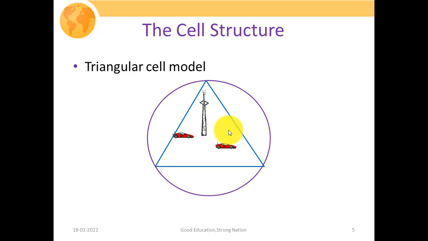This is all about our frequency planning, so that we can minimize the cost also. Here, if we compare with the omnidirectional antenna's circular cell structure, we have to install a larger number of base stations, as the coverage of this triangular cell structure is much lower in comparison to the circular cell shape.